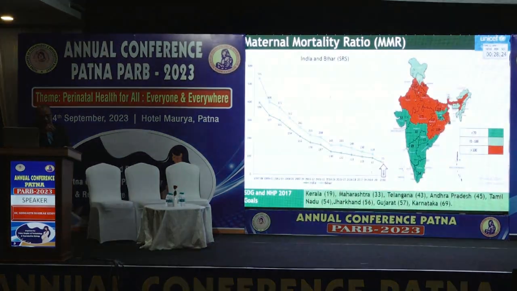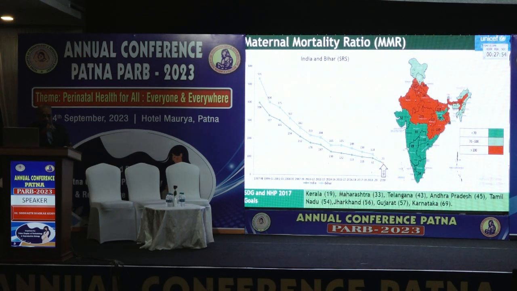But in Bihar we have around 118 per 1 lakh live births, and our target is to achieve less than 70 maternal mortality ratio by 2030 as per the Sustainable Development Goals. The rate of reduction is very much acceptable.